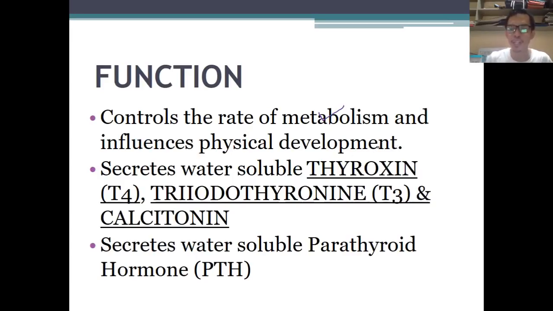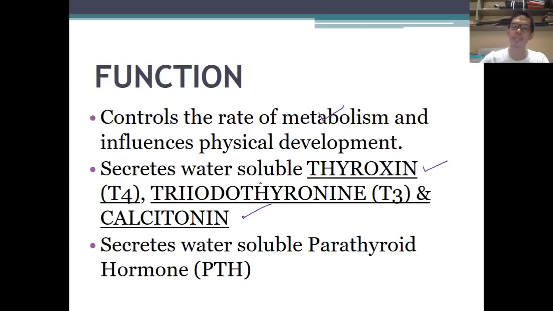So the changes that happen in our body are due to the presence of hormones called thyroxin, or T4, triiodothyronine, or T3, and calcitonin. With the presence of these hormones, it triggers the growth and development of the organism.